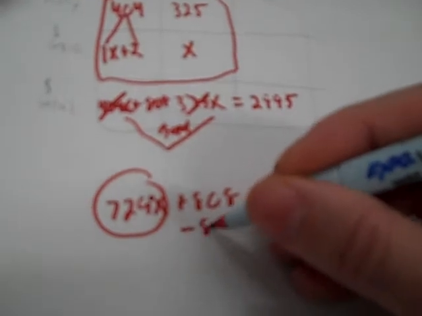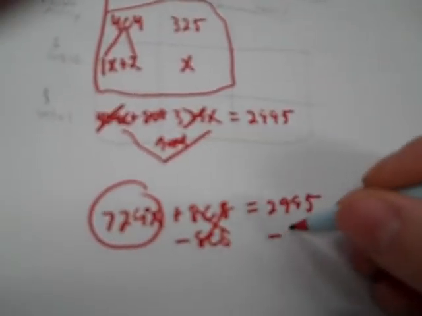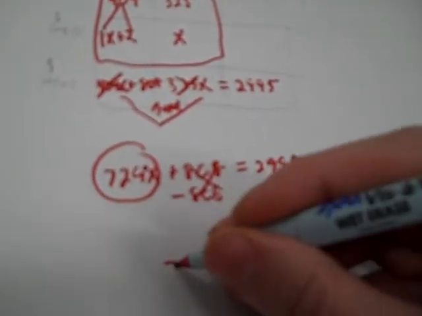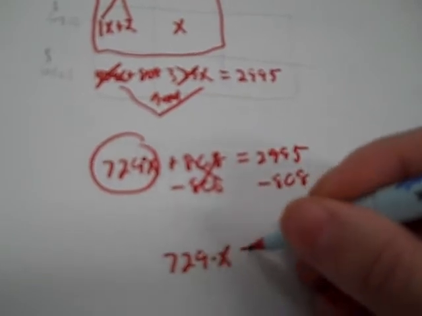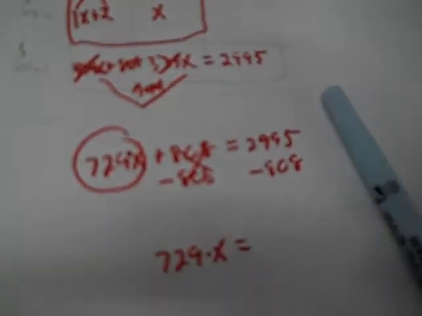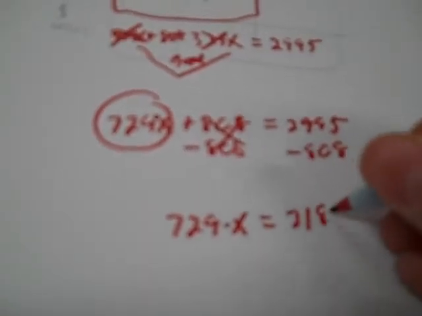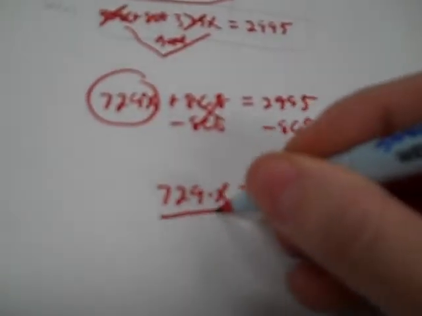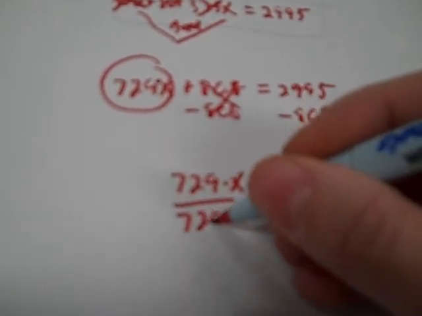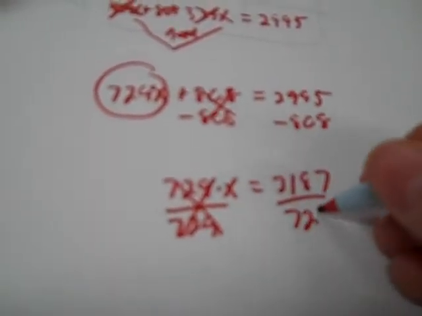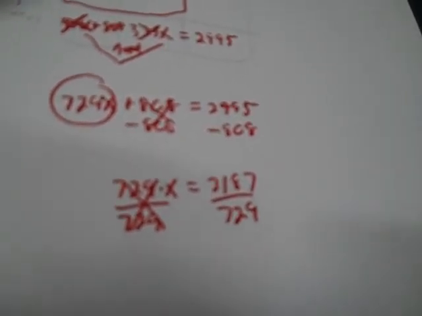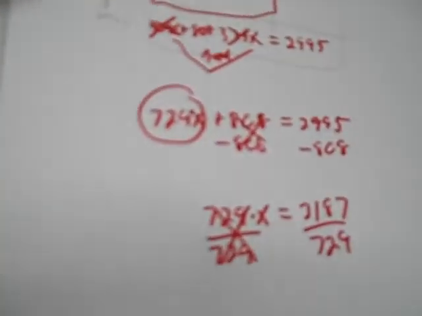And then I subtract 808 from both sides. So 729x equals 2,995 minus 808, which is 2,187, and then I divide. So I take 2,187 divided by 729, and x equals 3.